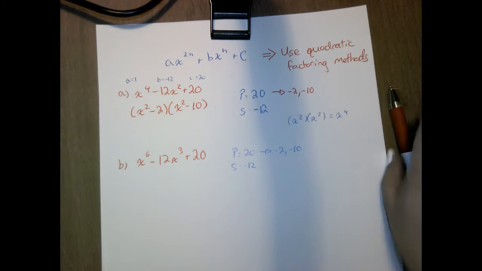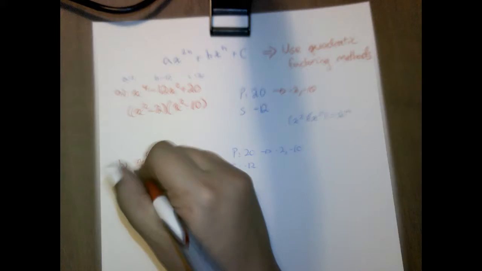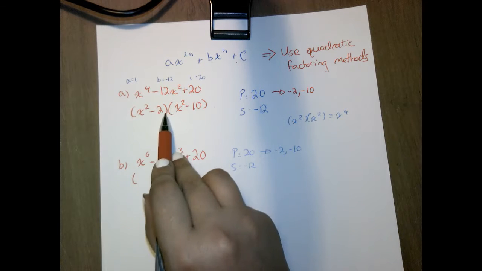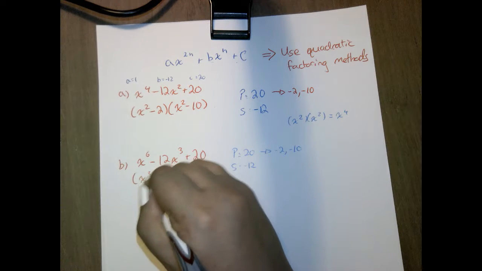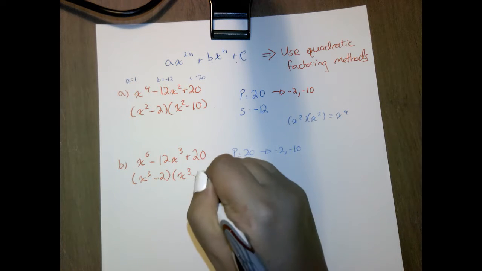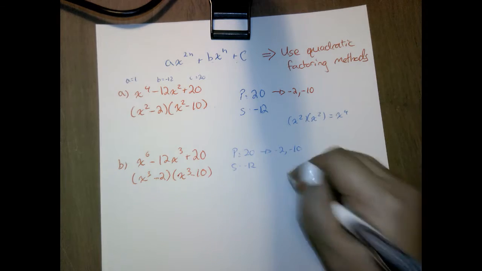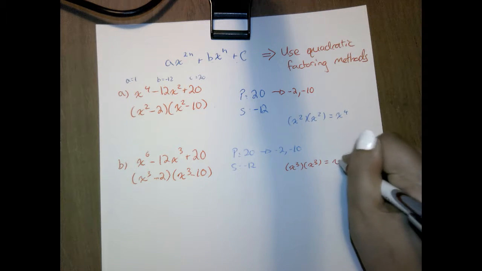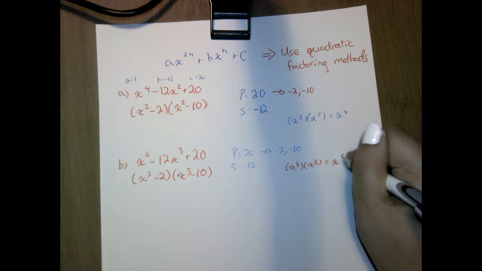And the only thing that really changes as I am factoring this is instead of it being x squared minus 2, I'm doing x cubed minus 2 times x cubed minus 10, because x cubed times x cubed is going to equal x to the power 6.